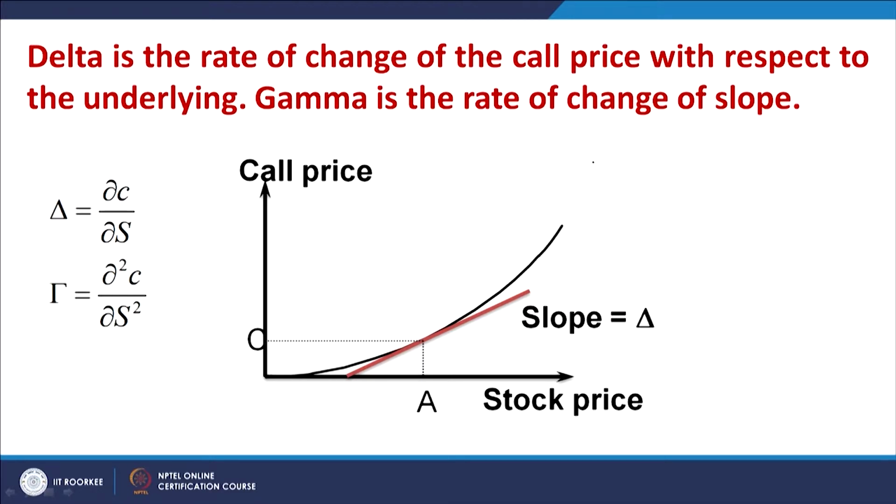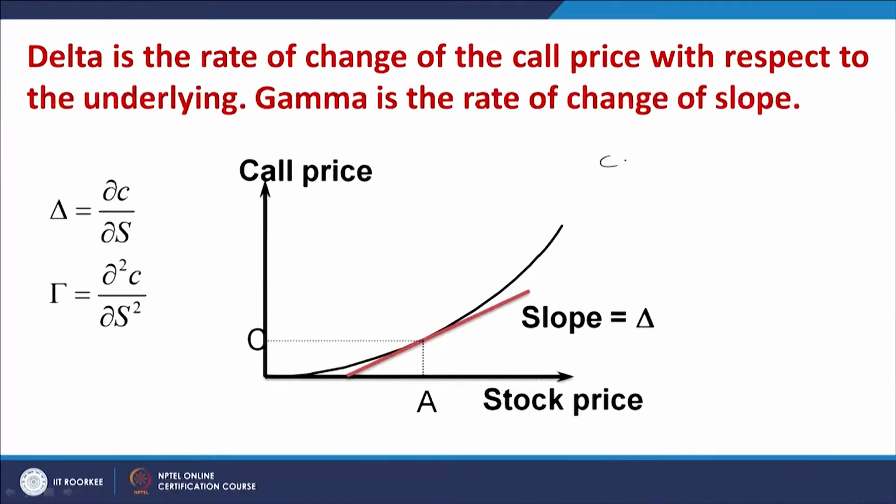Remember, call price is not a linear function of the stock price, and that is very clear if you look at the Black-Scholes expression for the call price. We have C is equal to what? C is equal to S phi d1 minus K e to the power minus RT phi d2.